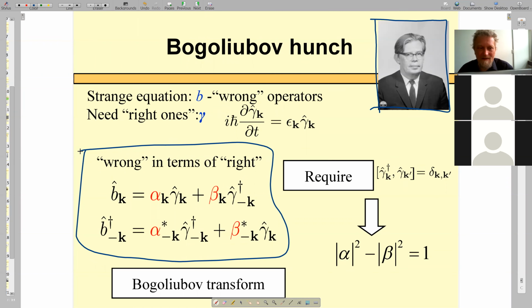Right. So he thought that boson operators of creation of atoms are eventually wrong operators, and we need right ones.